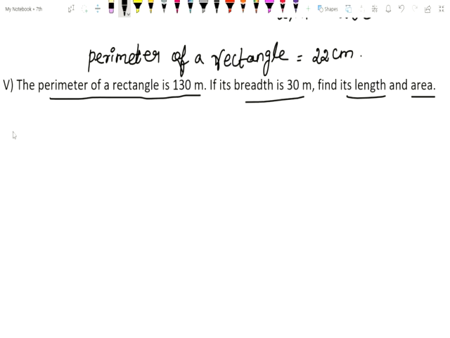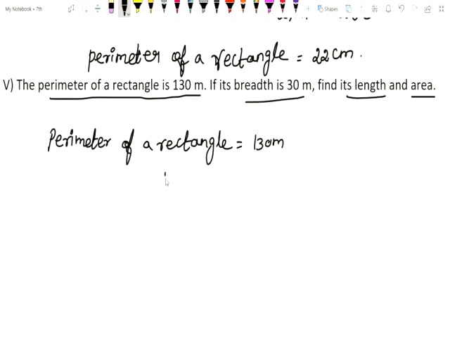So perimeter of a rectangle equals 130 meter. Breadth equals 30 meter. So what is the formula, children?